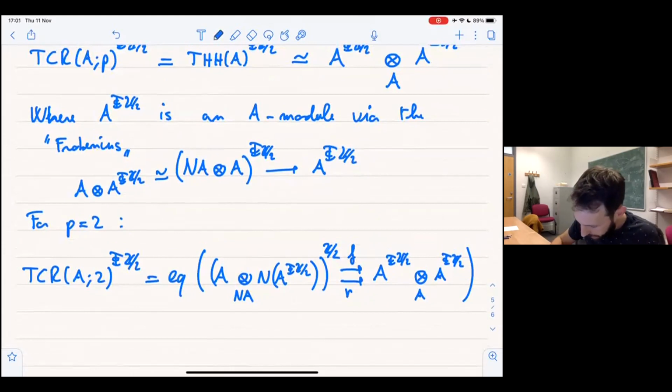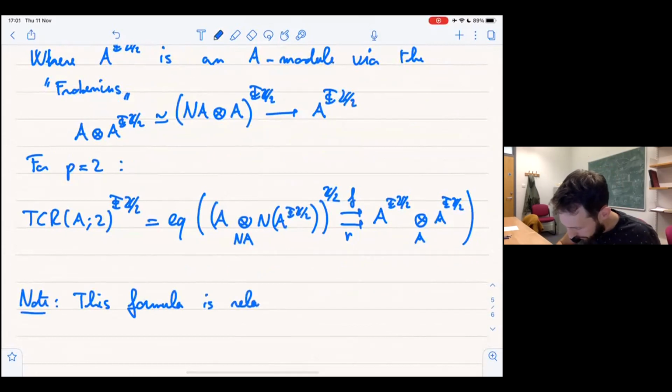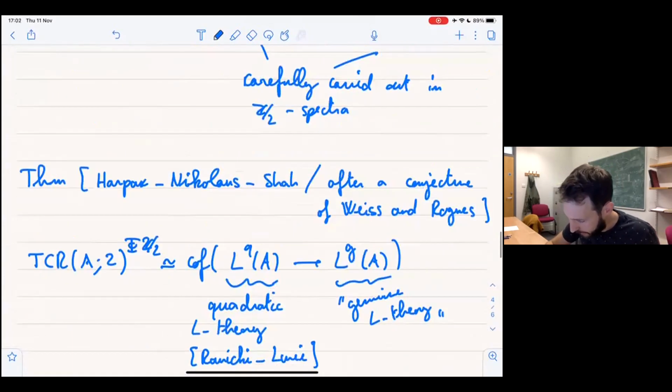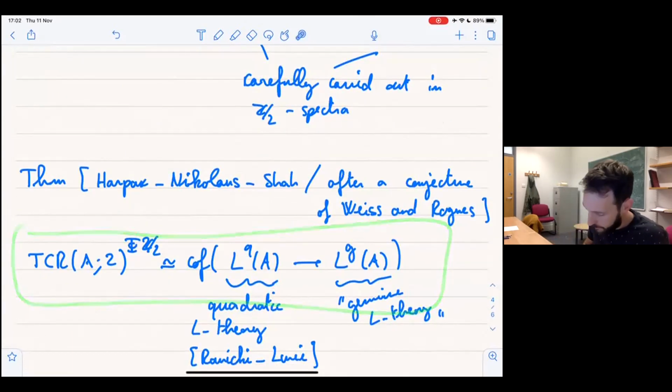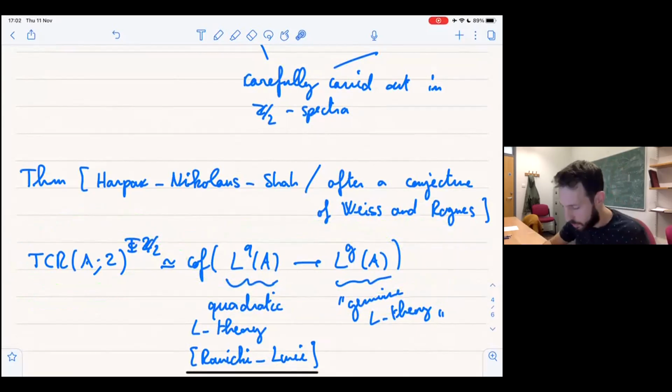And maybe let me say something. This formula is related to an equalizer that shows up in the proof of this L theory statement that I gave above. So the way they compare TC to this L theory thing is also via some sort of equalizer formula.